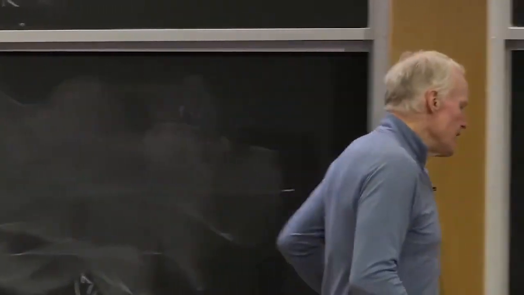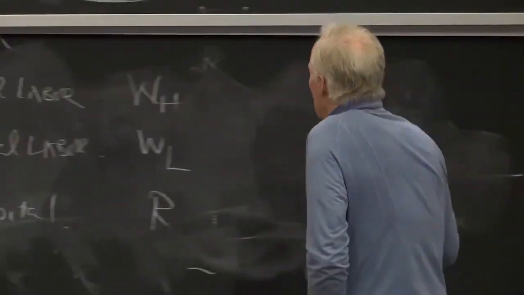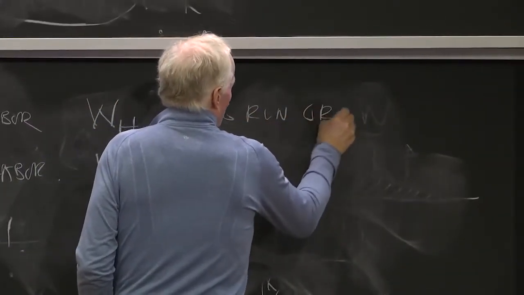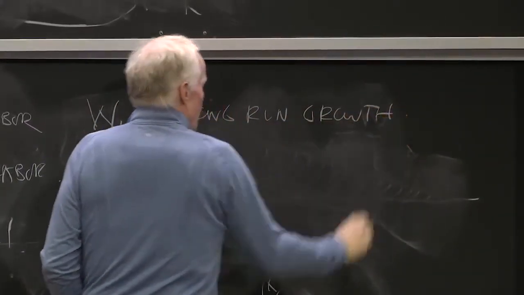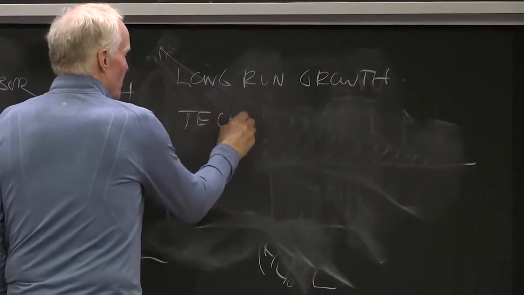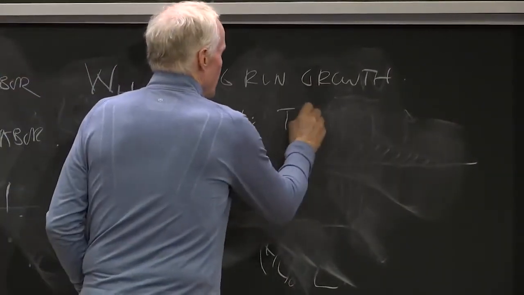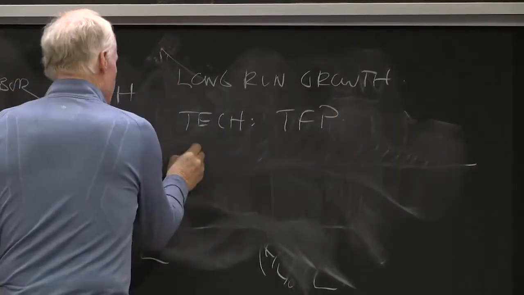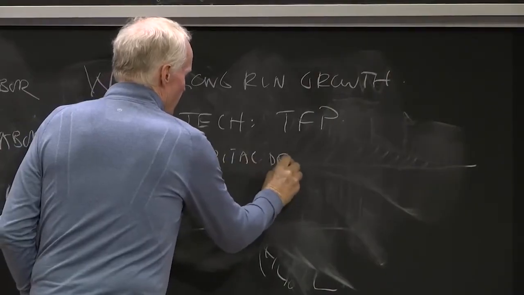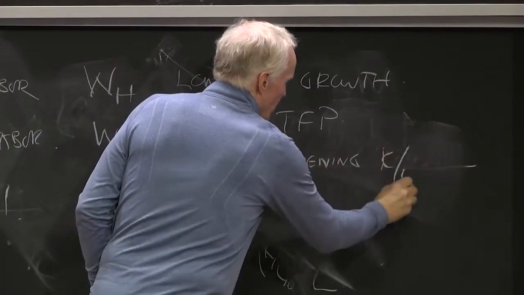And the basic idea I want to think about is the process of long run growth. And long run growth in my model is going to have the following three ingredients. I think we put these on the board before. Technology, call that TFP. I'm going to have capital deepening: K over L going up.